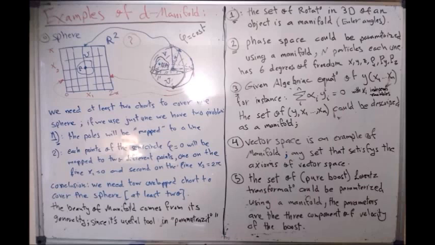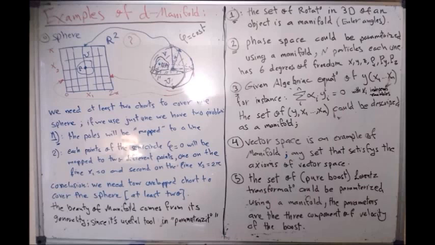For each point of this semicircle, we will have 2 points mapped to it, and also it's a problem. It's not a one-to-one map, not even a map.